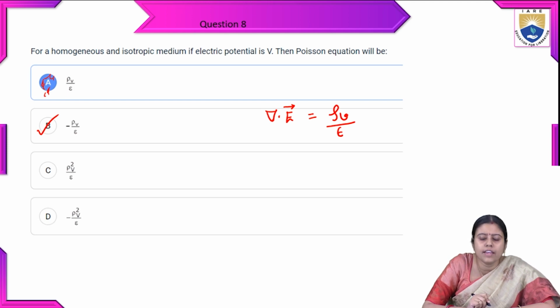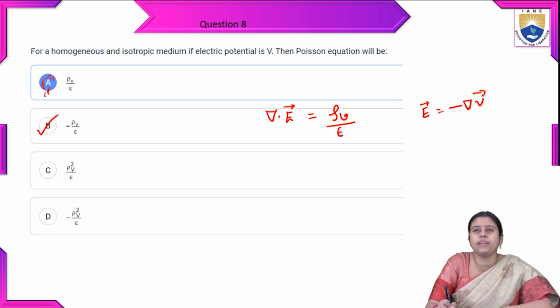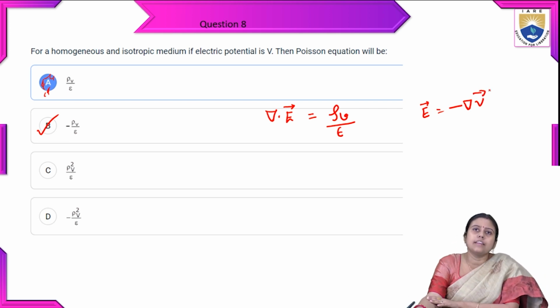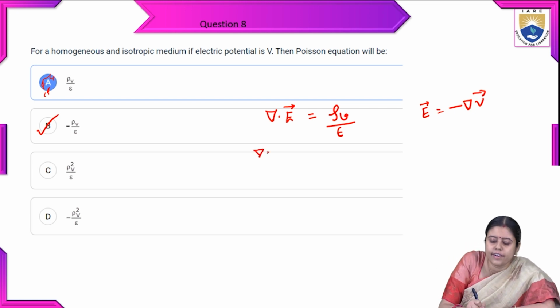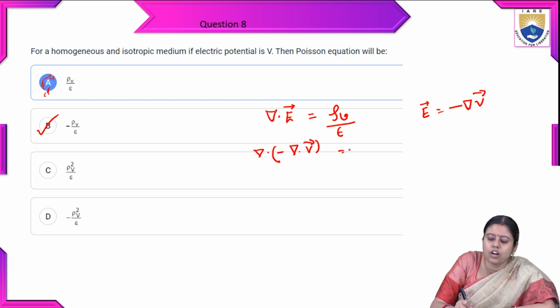Now what is the relation between E and V? E is nothing but minus grad V. So we can write grad dot minus grad V is equal to rho V by epsilon.